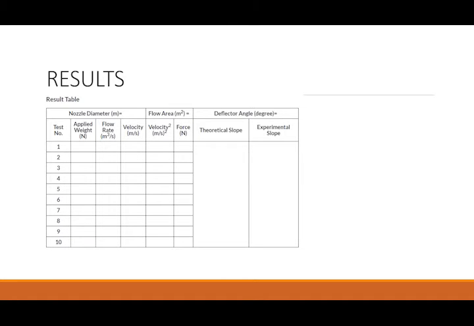There are 10 tests. Applied weight, this is the increment until a maximum of 500 grams. Next is the flow rate that we need to consider, the velocity squared, and the force. And the theoretical slope can be calculated from equation 5. Experimental slope is from the experiment.